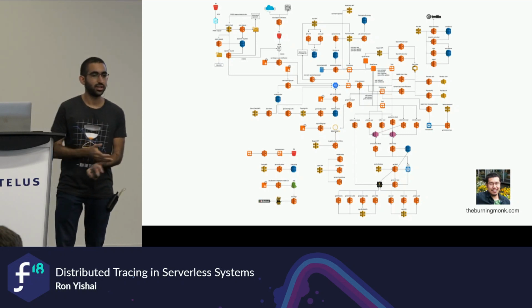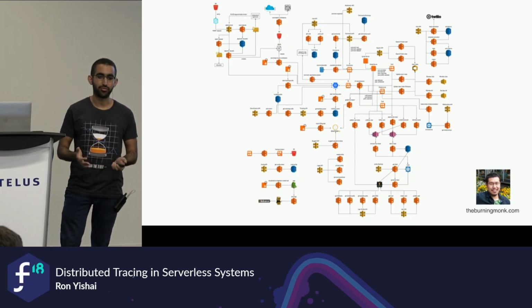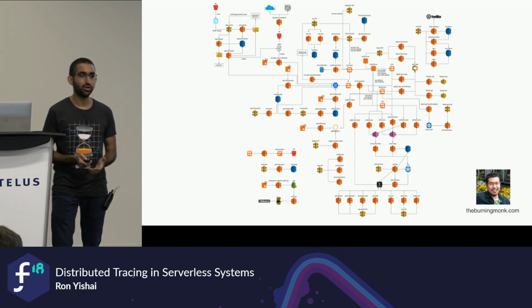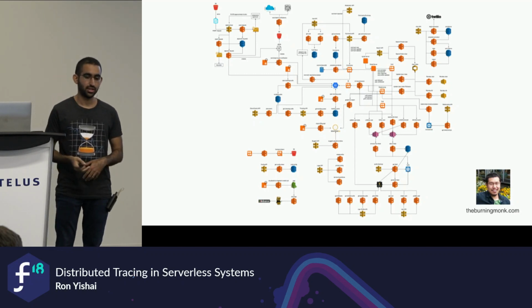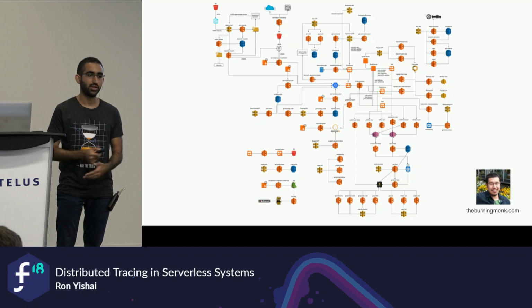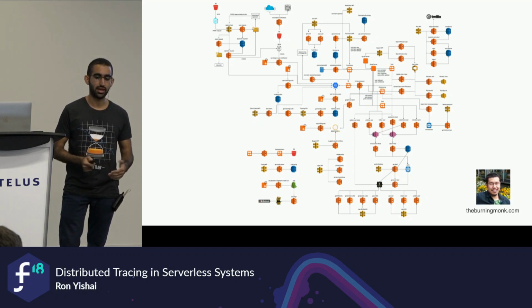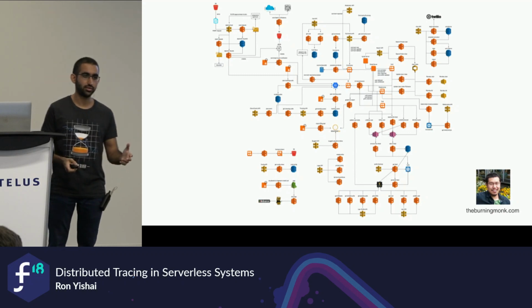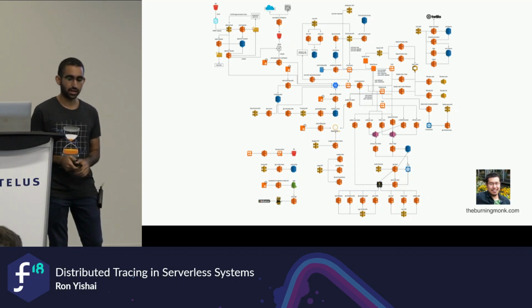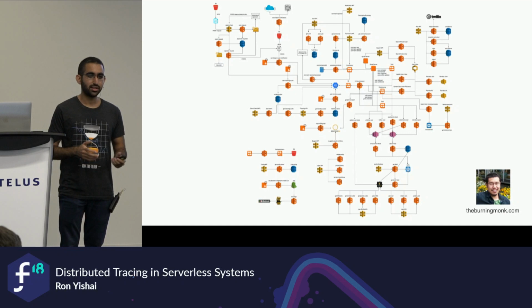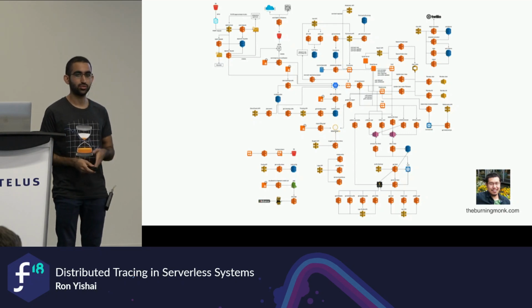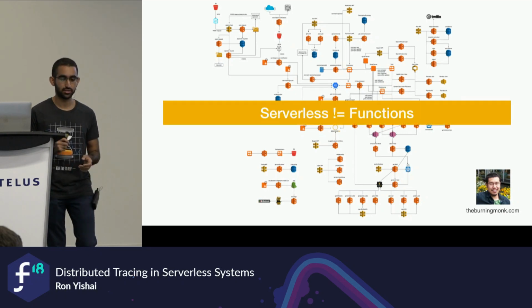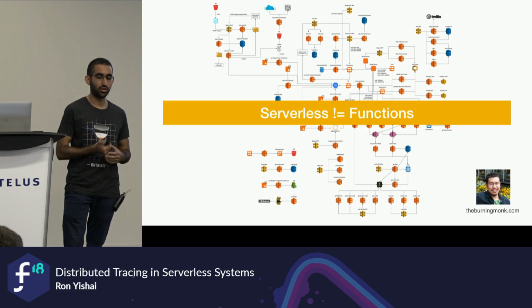We have a lot of Lambda functions, but you also have many other resources, like queues, data storage resources, and external resources for streaming and authentication and many things. So this is how a real serverless application should look, not only Lambda functions. Okay, so serverless is not only functions.